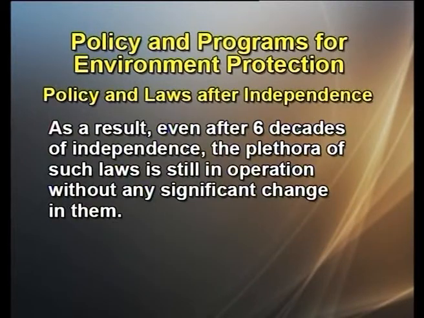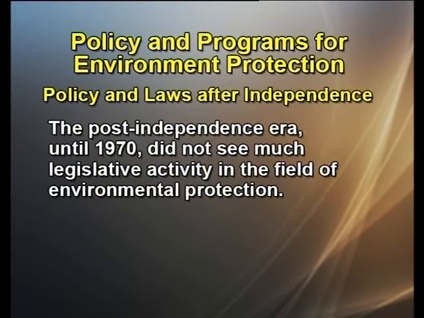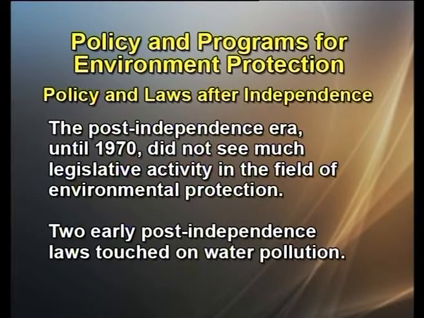As a result, even after 6 decades of independence, the plethora of such laws is still in operation without any significant change in them. The post-independence era until 1970 did not see much legislative activity in the field of environmental protection. Two early post-independence laws touched on water pollution.